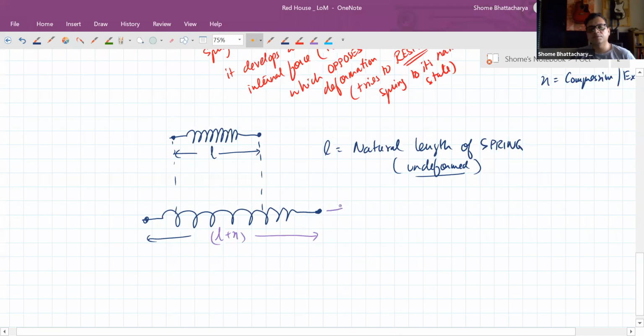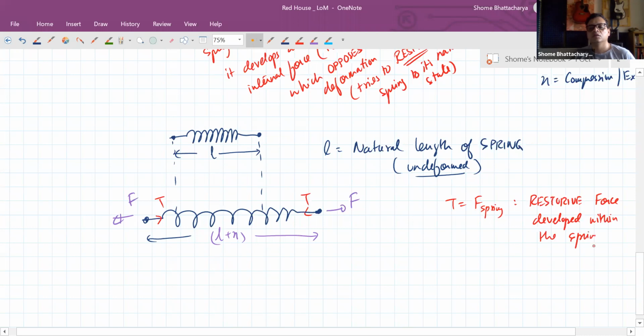for that we'll have to apply some external force from both sides. The moment we apply that external force, the spring develops an internal tension. That internal tension is what we call the spring force. It is the restorative force developed within the spring, and this is due to something called elasticity.